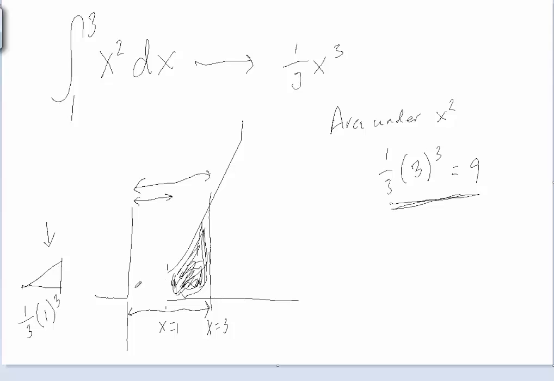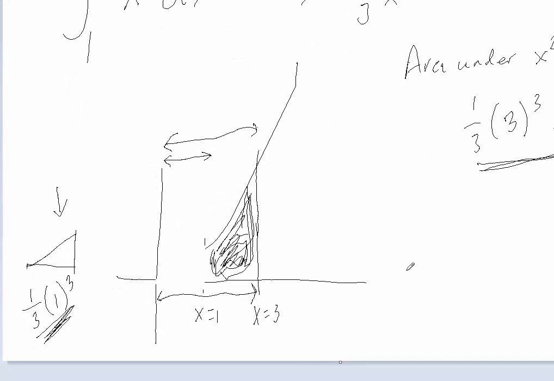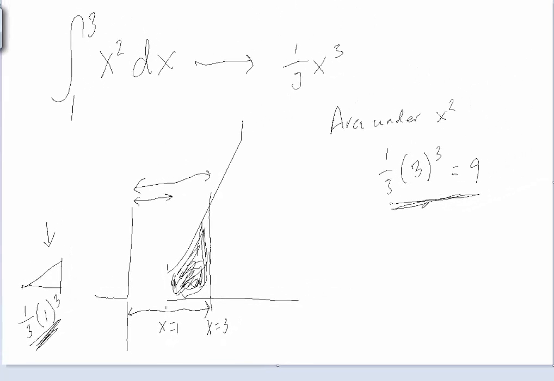The area between 0 and 1 is 1/3 x cubed. So the integral, the antiderivative, the area under the curve between 1 and 3 is simply this value minus that value.